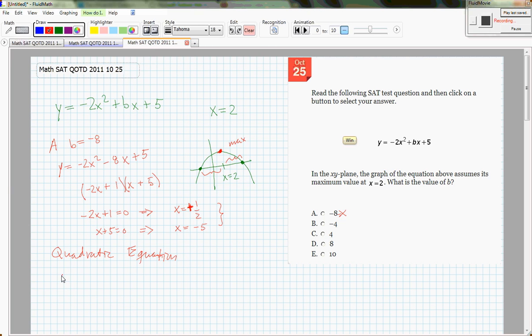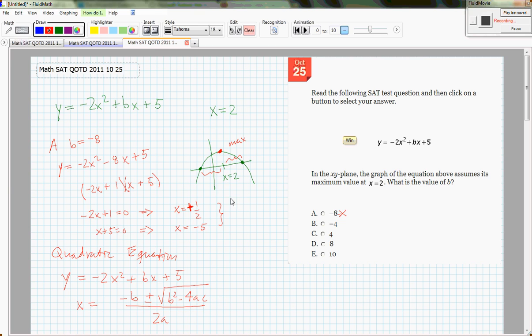It says that if y equals minus 2x squared plus bx plus 5, the roots are x equals minus b all over 2a plus or minus the square root of b squared minus 4ac, where b is b in this equation, and minus 2 is A, and 5 is C.